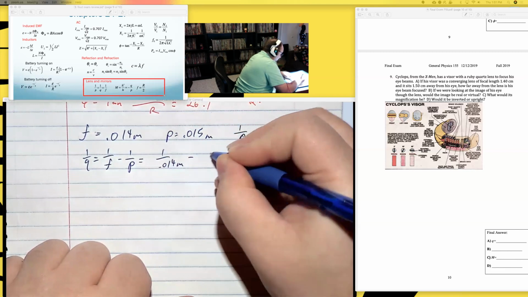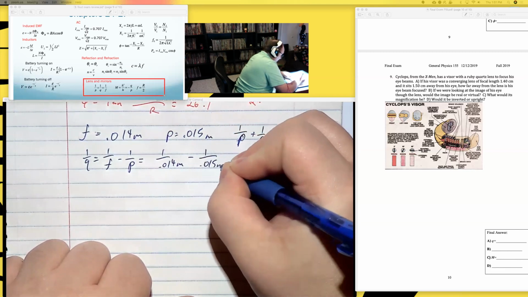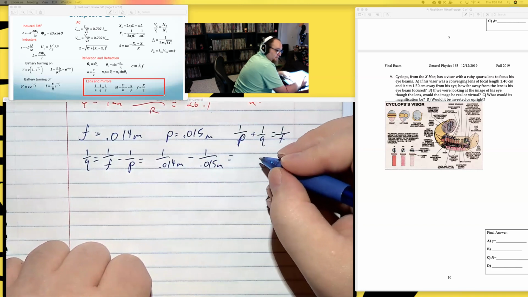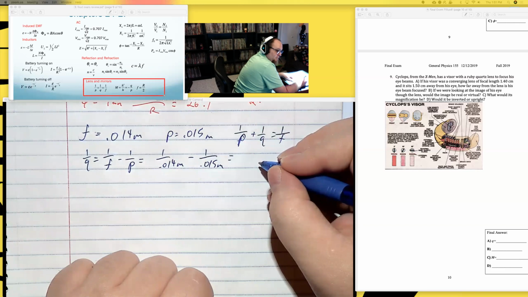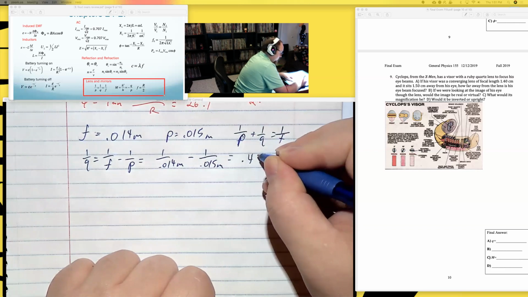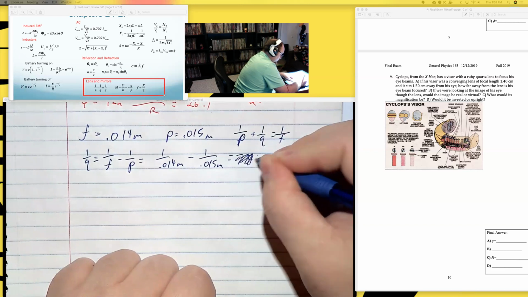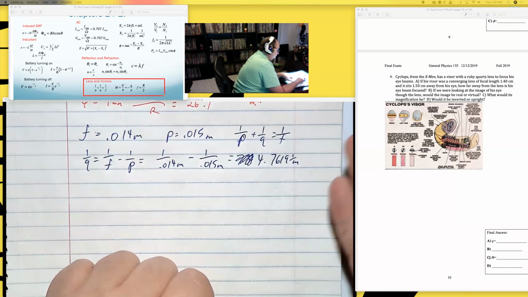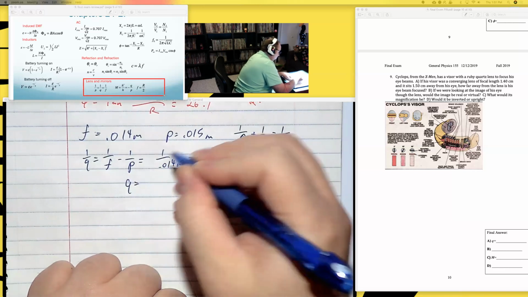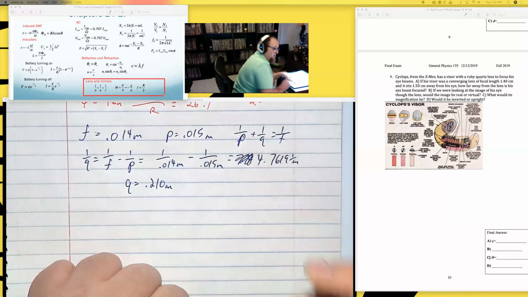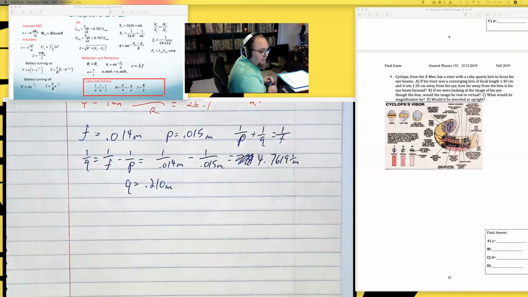I said I wasn't going to plug in numbers, and here I am doing it. But that's not Q, that's 1 over Q. So Q is 1 over that, and Q is 0.210 meters. And so it's 21 centimeters away.